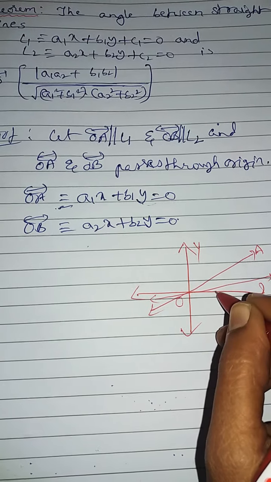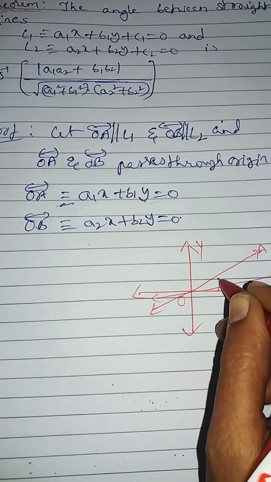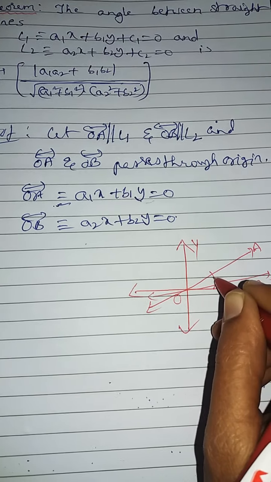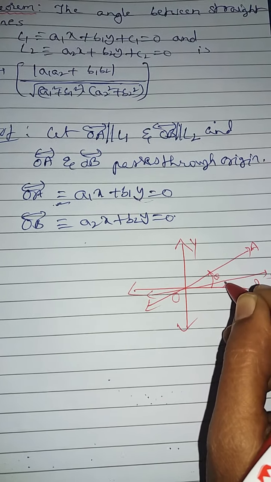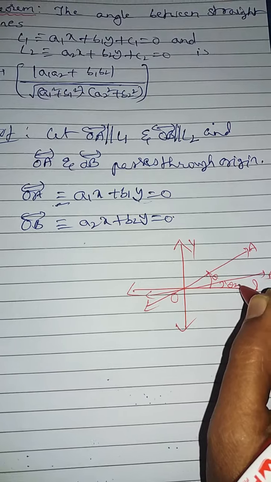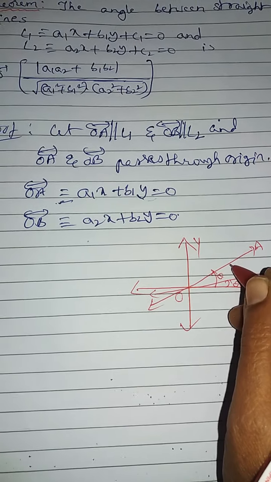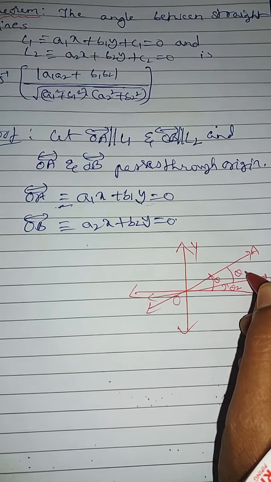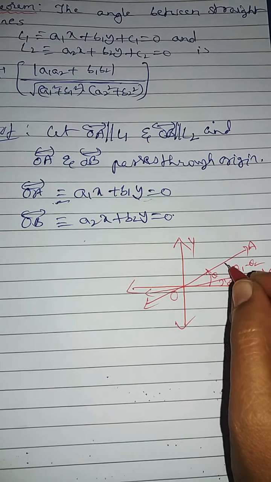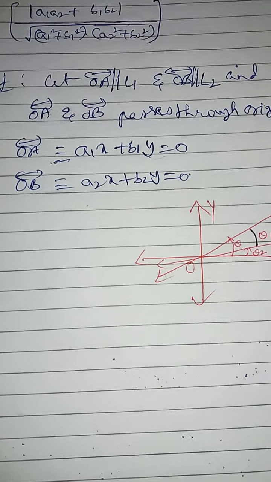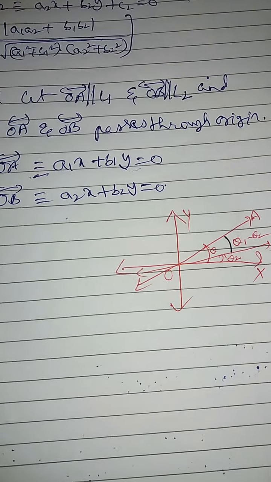Let the angle made by OA line with the x axis be theta 1. The angle made by OB line with the x axis is theta 2. Now the angle between OA line and OB line is theta 1 minus theta 2.